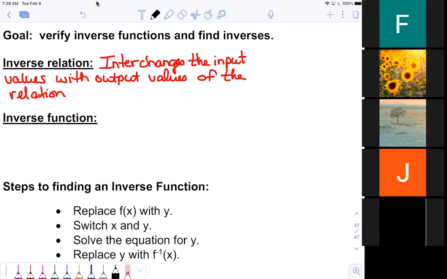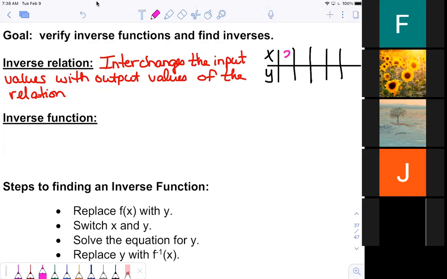So I'm going to make a little T-chart because a relation can be written in T-chart form. And I'm just going to make my T-chart go horizontally. We talked about a relation in chapter 2. A relation is just a mapping or pairing of X and Y values. So we're going to just have a couple of X and Y values here and see if we can try and find the inverse of them.